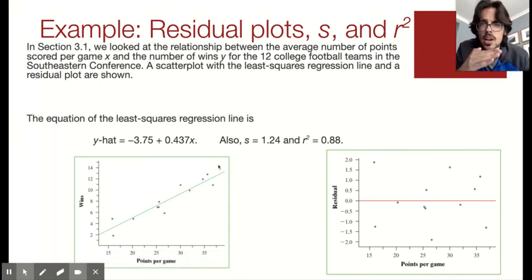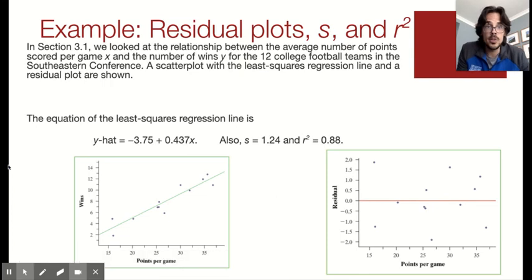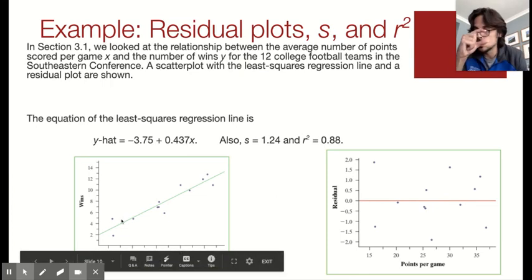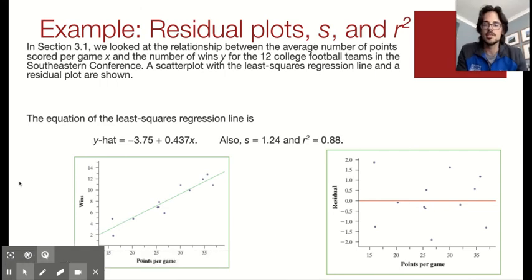My line was trying to predict wins for football teams based on the number of points that they score. So when I think about what that S of 1.24 is actually telling me, it's saying that my residual size is off by 1.2.